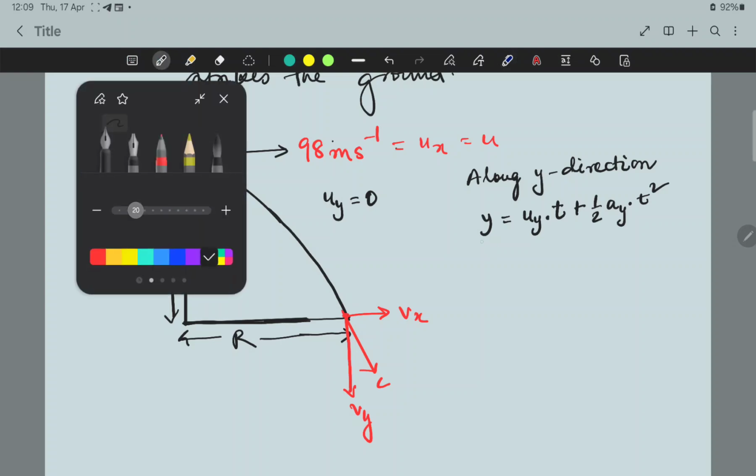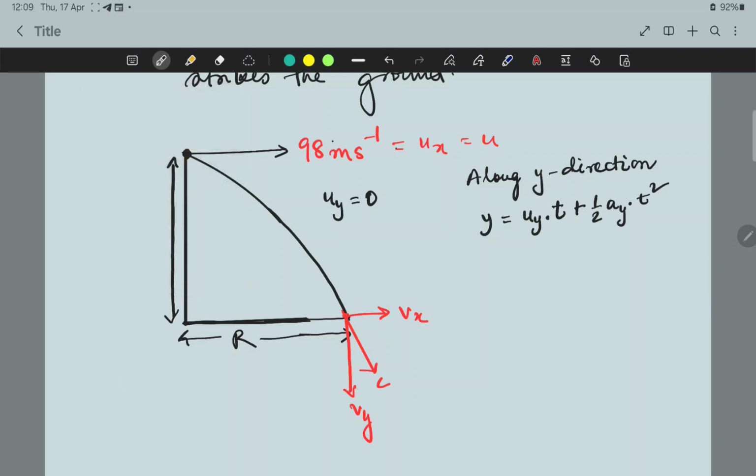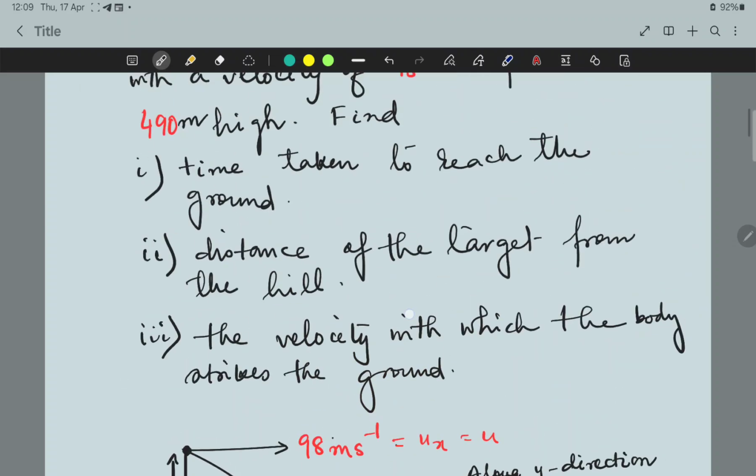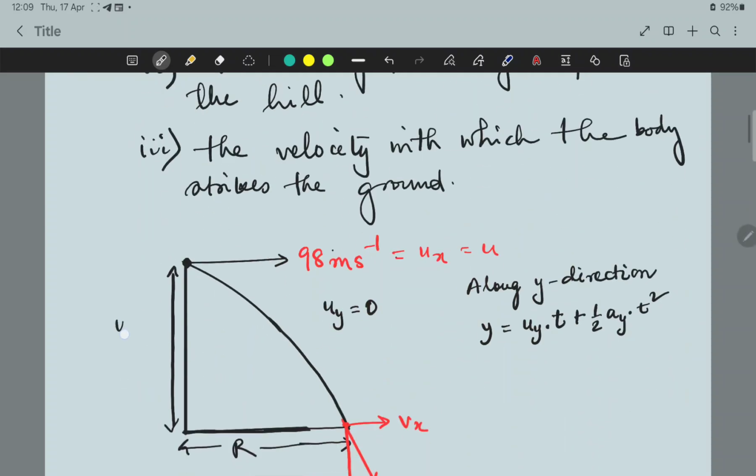So in place of y, I am putting the height which is given as 490 meter. So if we measure it from the top of the hill, it is towards the negative direction of y axis.